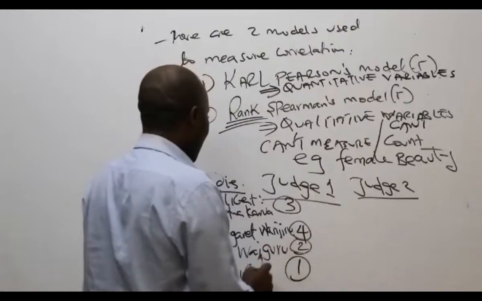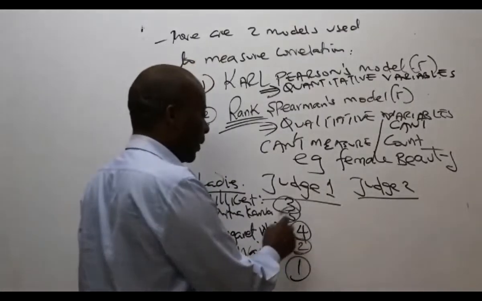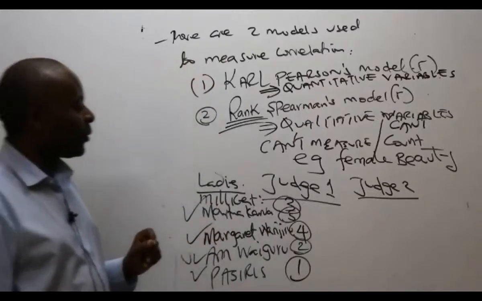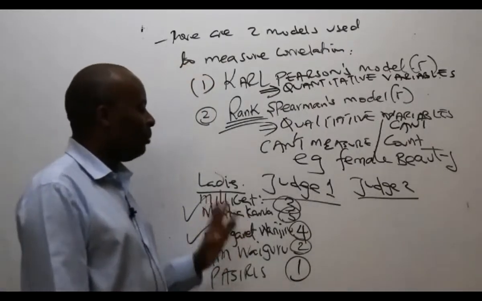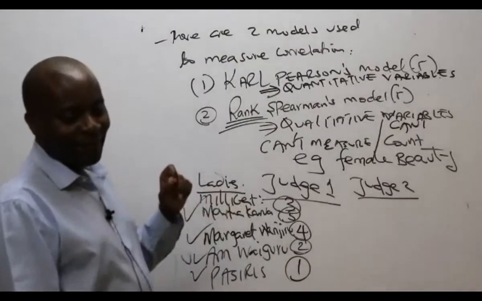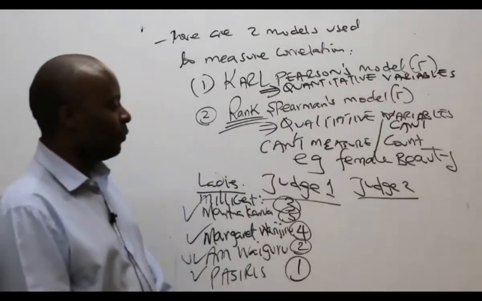And then my neighbor here at Isinya, Mother Karua, who has a very good property at Isinya, gets the last position. This is a female beauty contest. How about judge number 2? Judge number 2 is Brian. Brian, very fast, please give me your rankings.